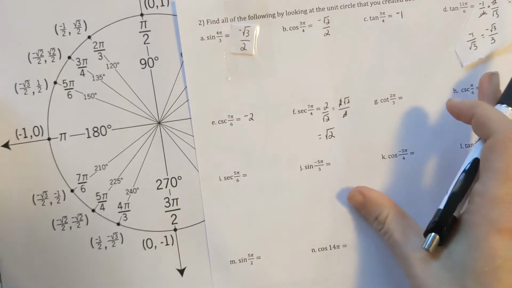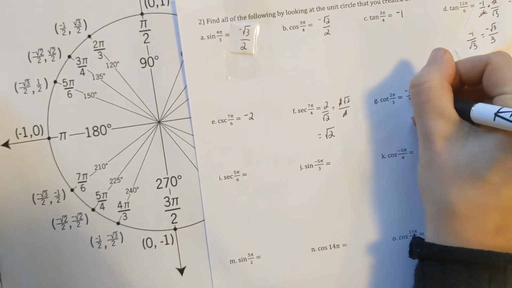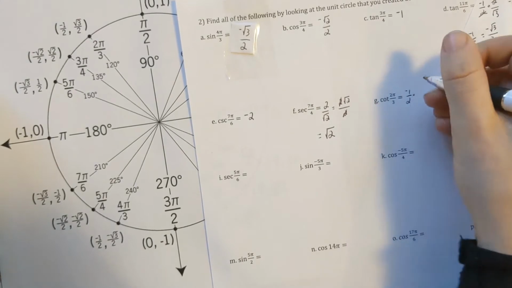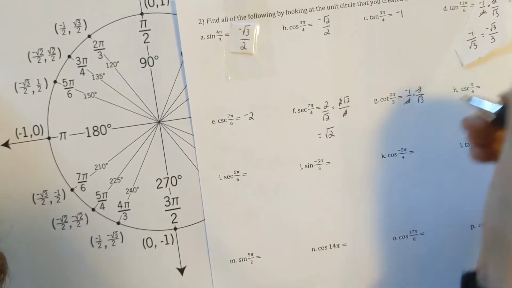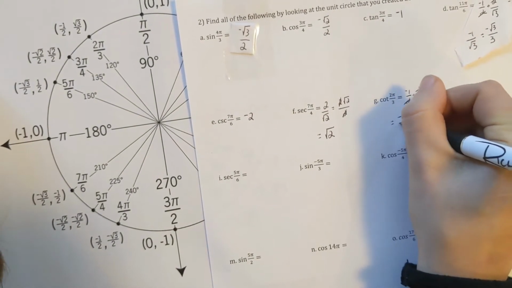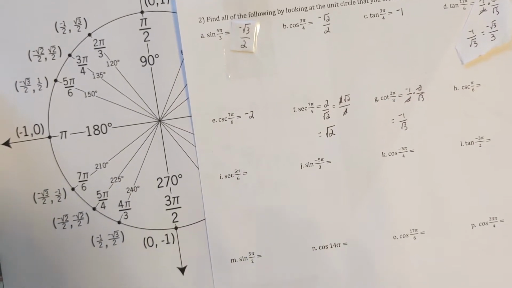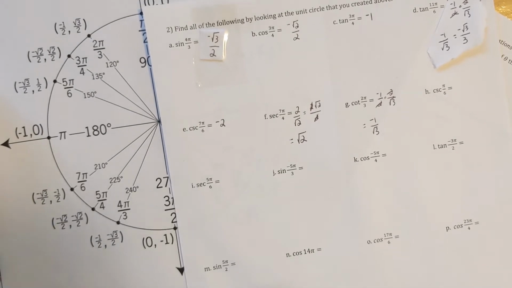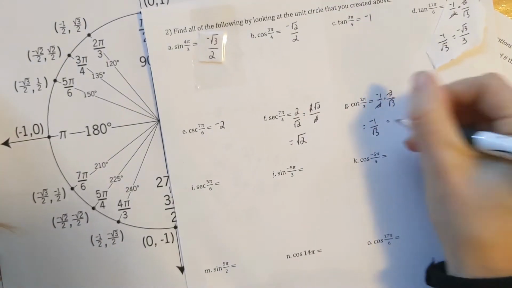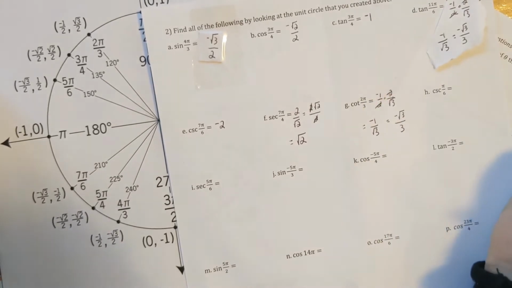It's a fraction over a fraction. Instead, I'm going to do x times the reciprocal of y. Again, these 2's cancel, we're left with negative 1 over root 3. We rationalize the denominator, and you end up with negative root 3 over 3.